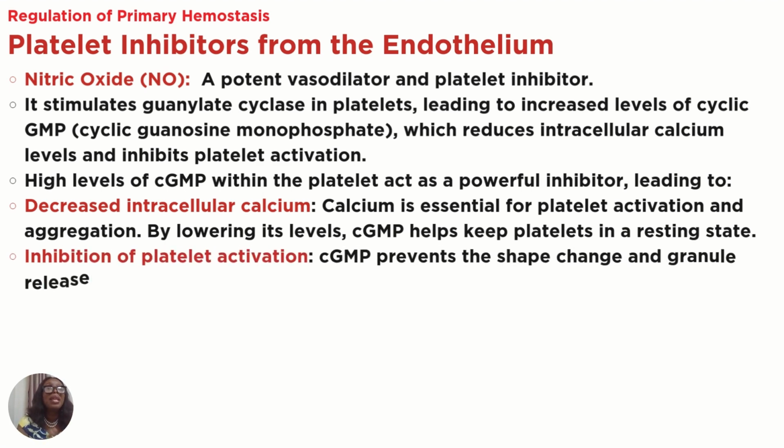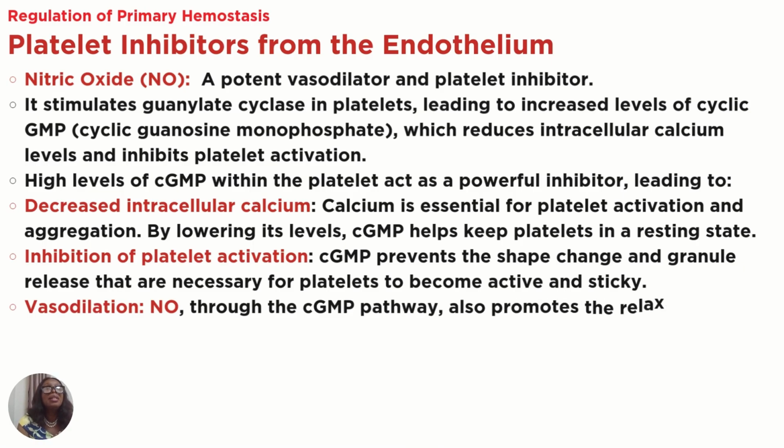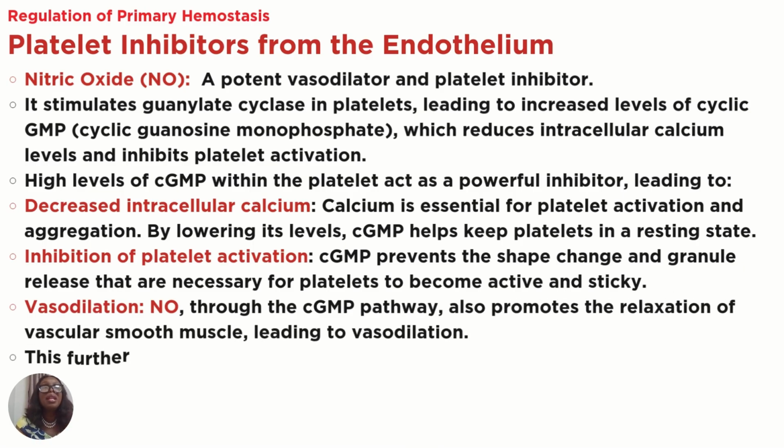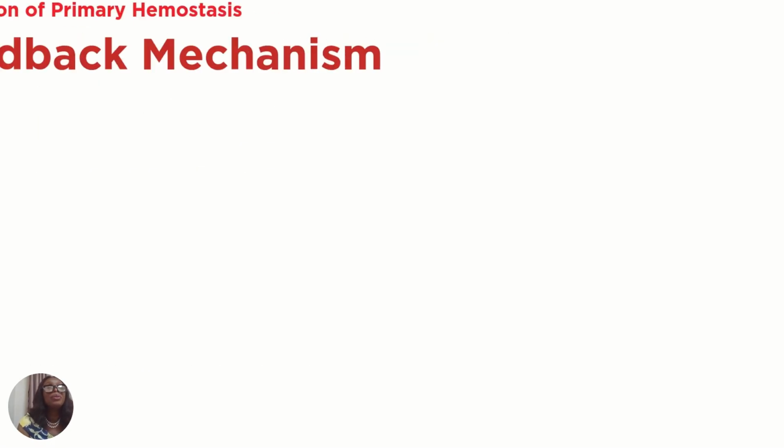And it does that by increasing the cyclic guanosine monophosphate content of the cell. And when the level of cyclic guanosine monophosphate within the platelet is increased, it acts as a powerful inhibitor, leading to decreased intracellular calcium, inhibition of platelet activation, and also causing vasodilation.